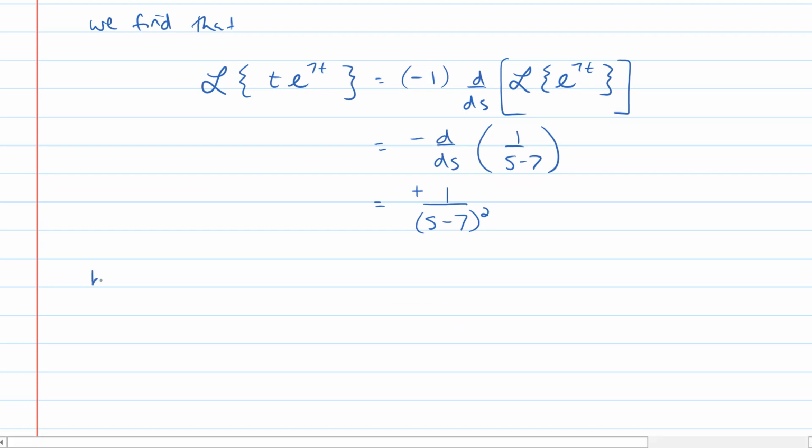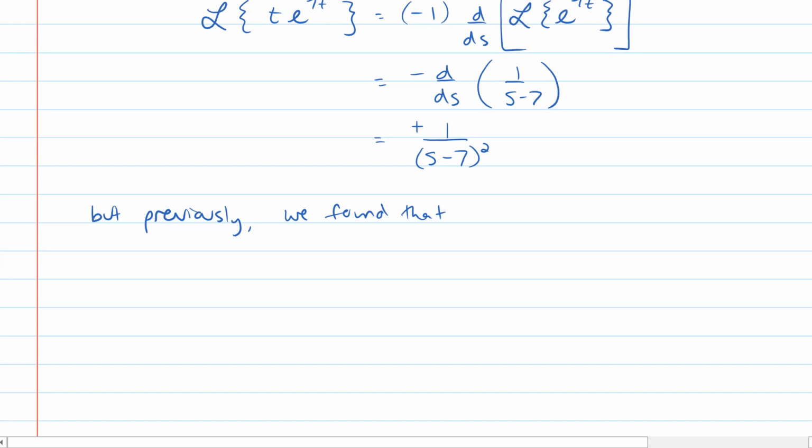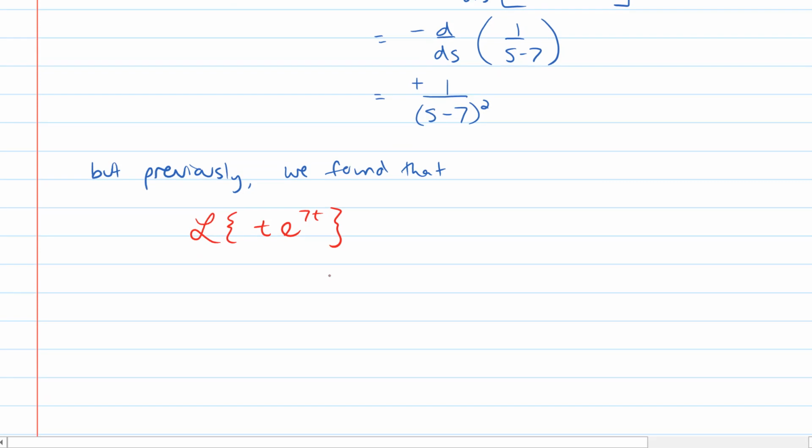The reason this is interesting is that previously we found the Laplace transform of t e to the 7t. We said the Laplace transform of t is equal to 1 over s squared.